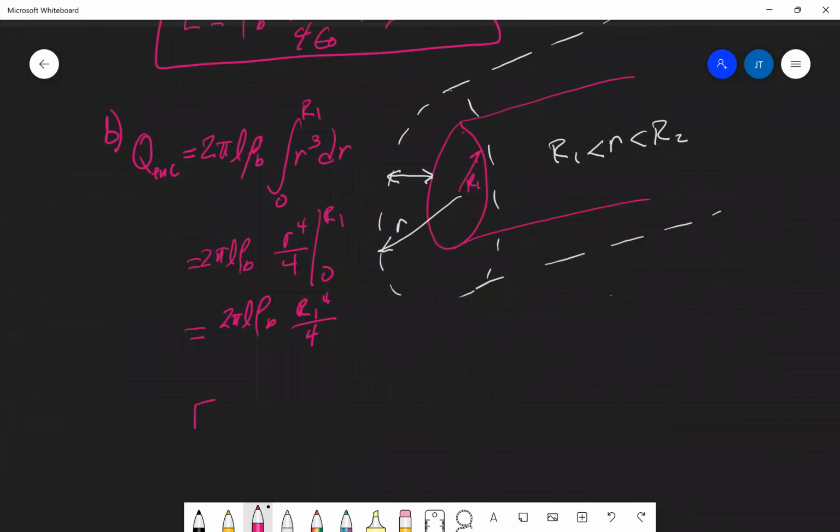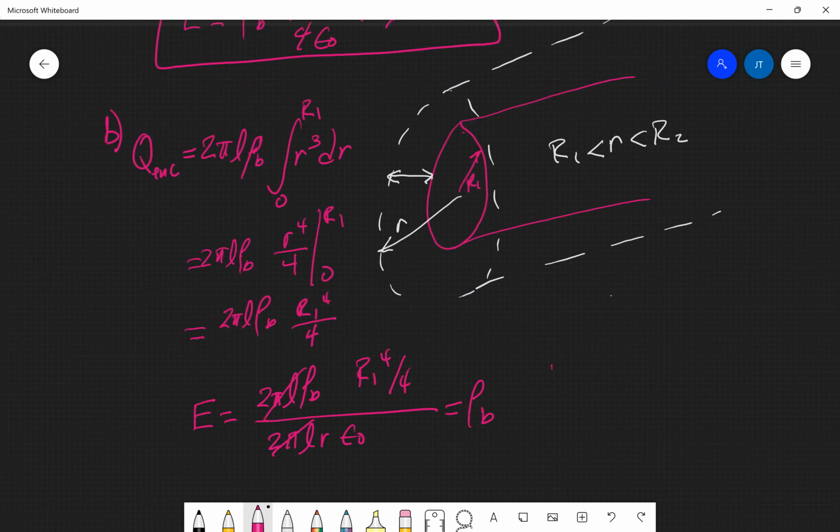So the electric field, again, I'll just write the magnitude, is Q enclosed over 2 pi L r epsilon naught. 2 pi L cancel, rho b, R1 to the 4 on top, this 4 goes down, there's an r and epsilon naught left. r is between R1 and R2.